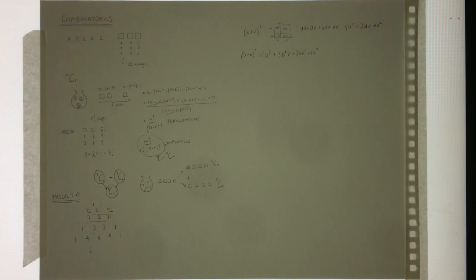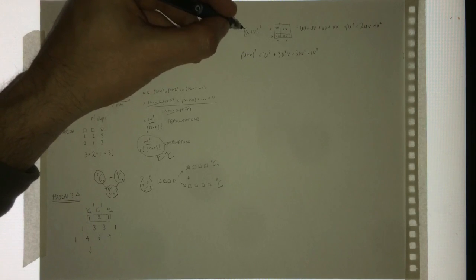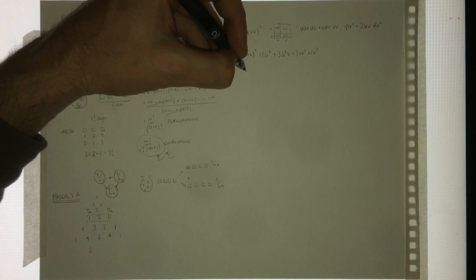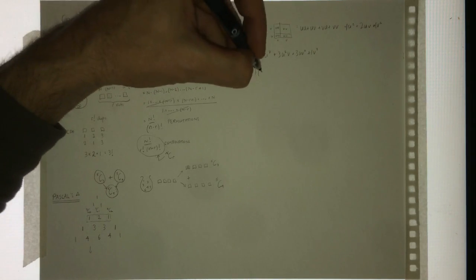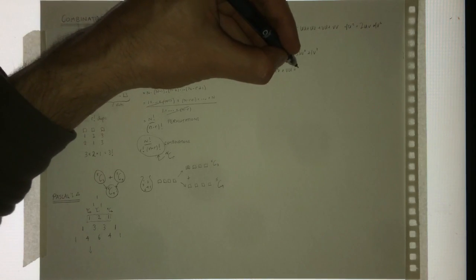Let's just have a look at why this is true. So u plus v cubed, well, we're just taking u plus v squared and multiplying it by u plus v. So we've got u plus v times this thing, uu plus uv plus vu plus vv.